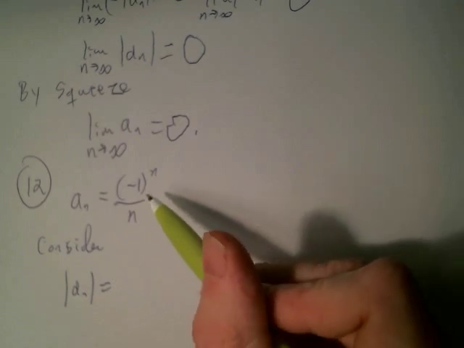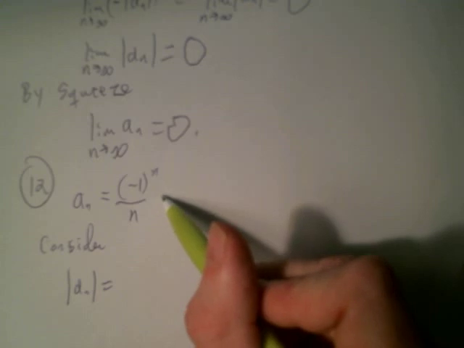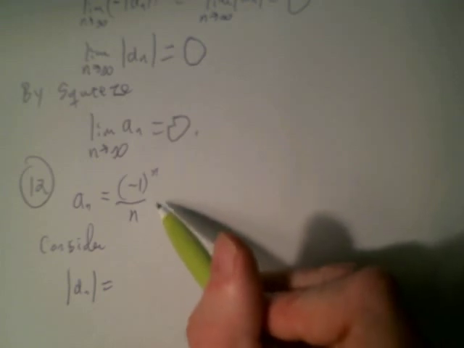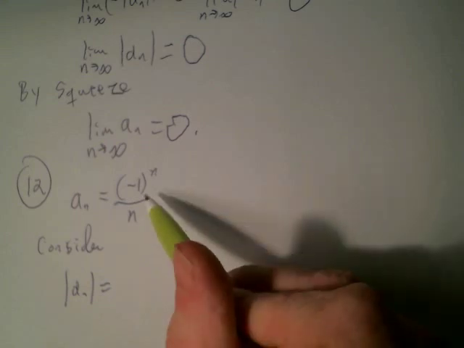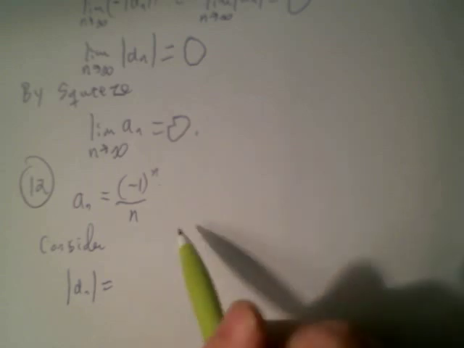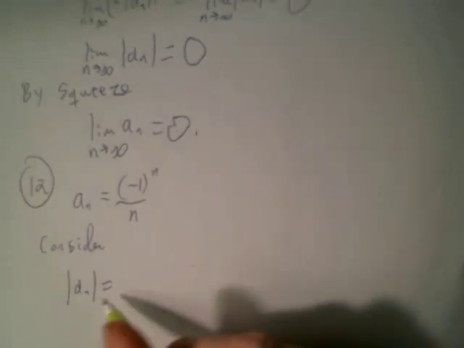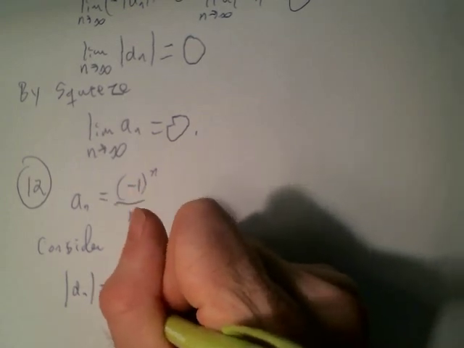Well, in this sequence, odd terms are going to be negative, the even terms will be positive. But if you take the absolute value of each individual term, all the terms will be positive. So it turns out this -1 to the n does not affect anything. Okay, so the actual expression for the absolute value of a sub n will just be 1 all over n.